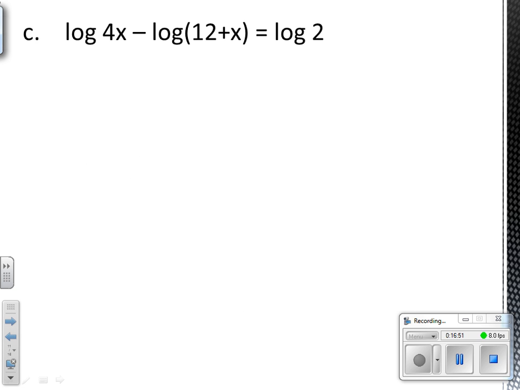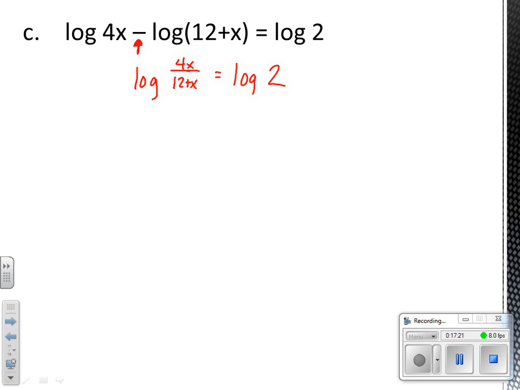This one here, with that subtraction in there, I noticed that this was that quotient property. The logs matched. So with a subtraction in between the two pieces of the matching log, it's a quotient. So I'm going to condense. 4x would be on top. The 12 plus x would be the bottom. And now I still have the log 2 over there.